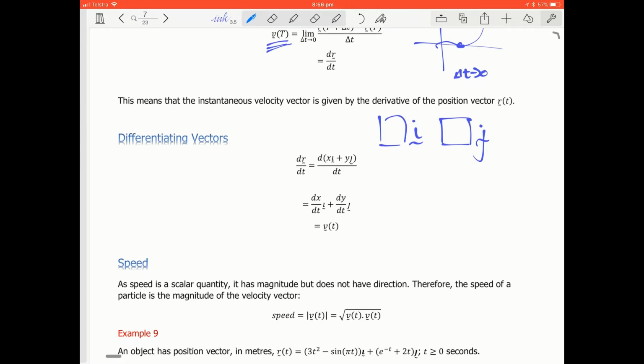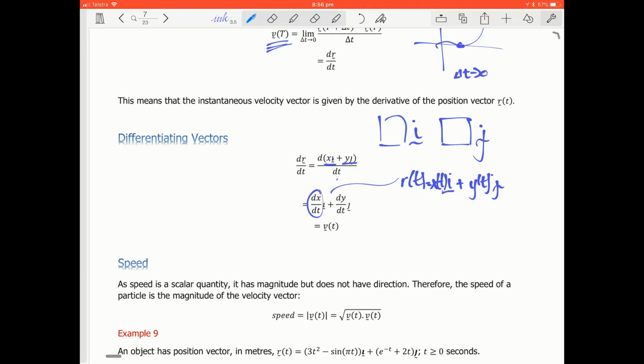Okay, so I've said here dr/dt is dx/dt i and dy/dt j. We know that when we've got a position vector, our i component is x of t, and our y of t is our j, our y component.